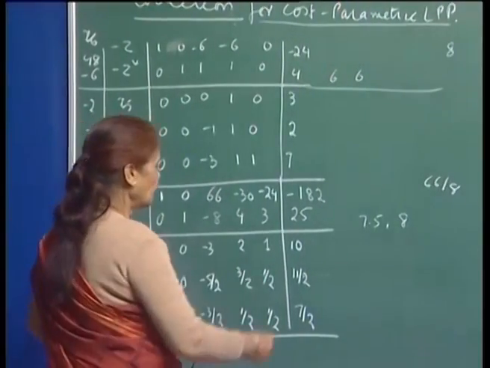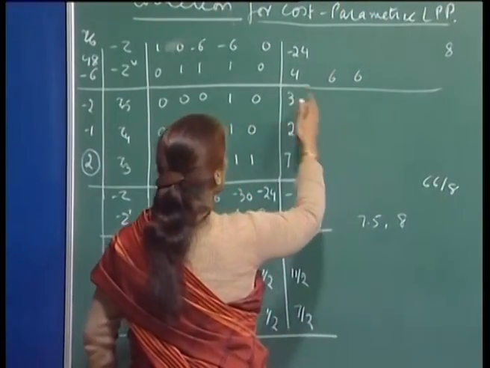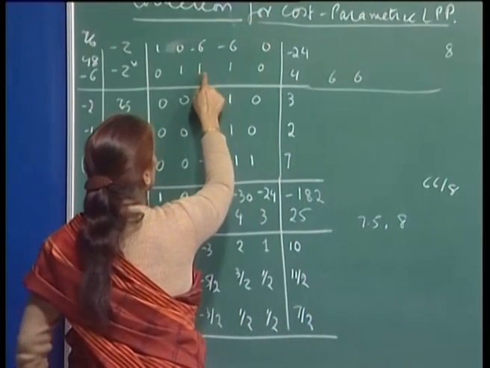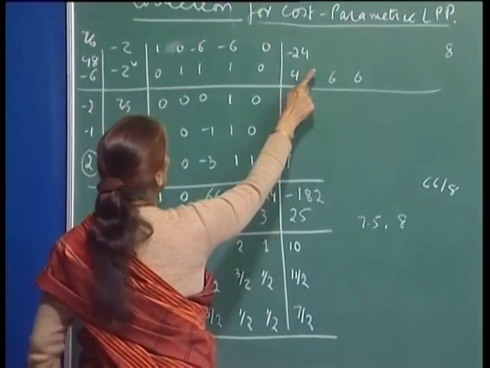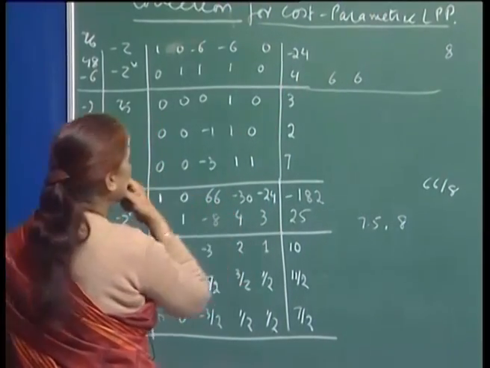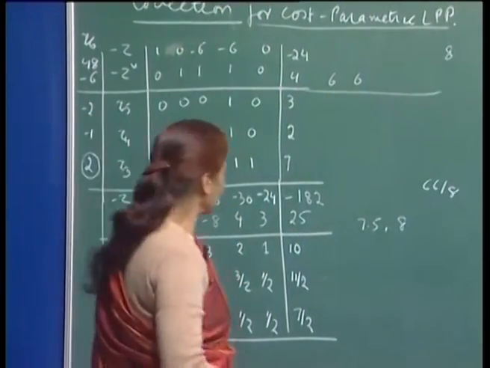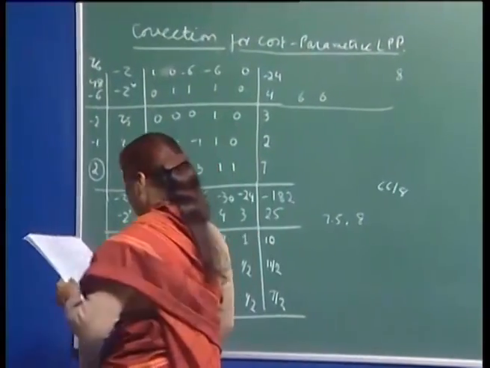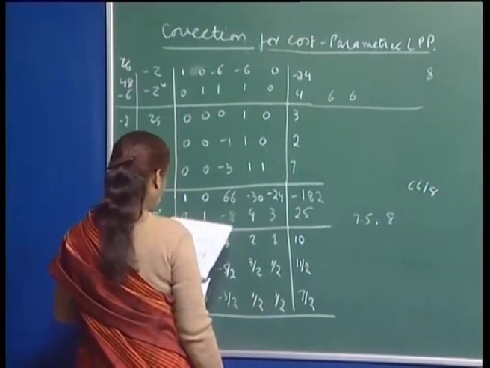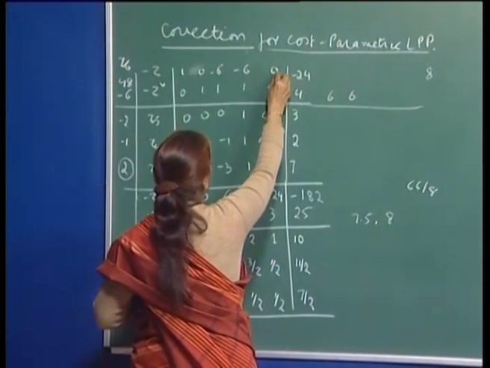I think we had almost completed the problem. Here, for the positive ones the ratios are 6 and, okay, the 8 number is missing somewhere. This part we had done already and it was for x6. This number should have been 8.